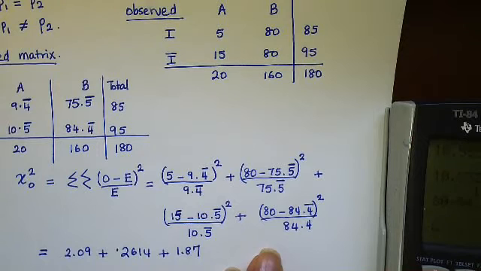And lastly, 80 minus 84.4 repeating, square it and divide by 84.4 repeating: 0.2339.